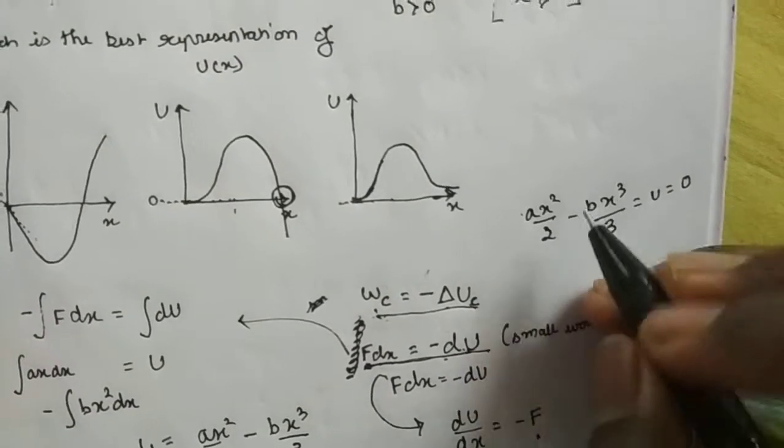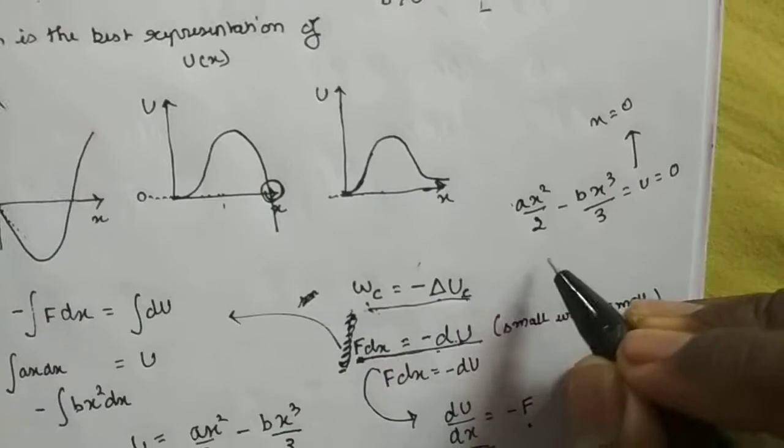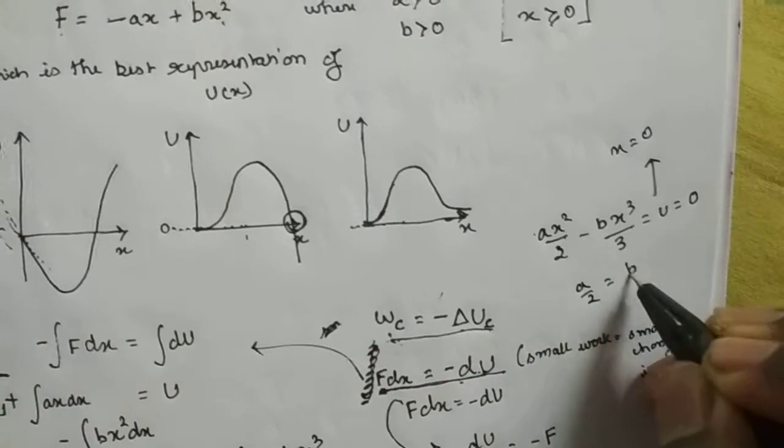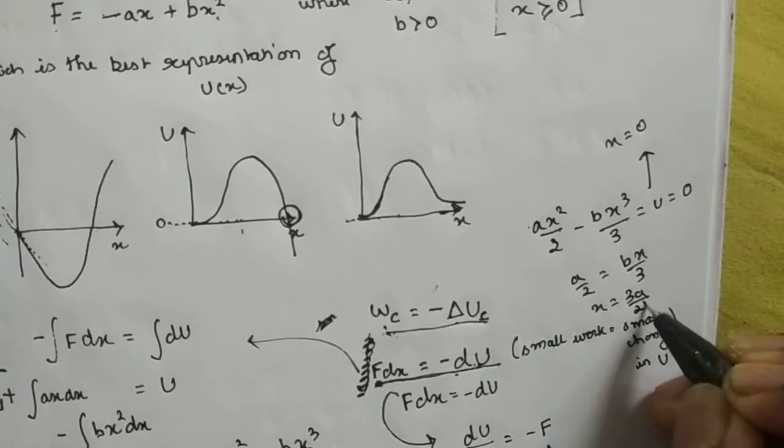So x square, two possible results: either x equals 0, or a by 2 equals bx by 3, x equals 3a by 2b.